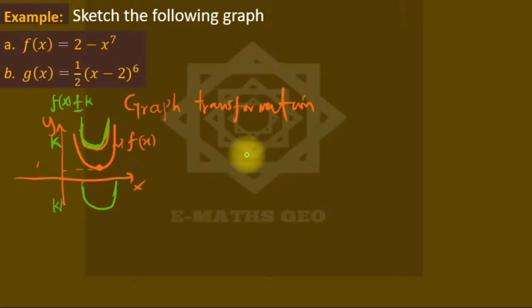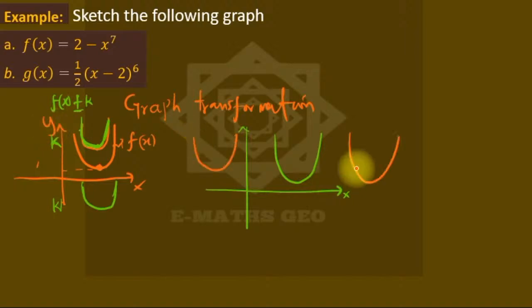Again, if we decide to shift that same graph to the left or to the right, assuming this green one is f(x), the one here will be f(x) minus k, assuming you shifted k units from here.